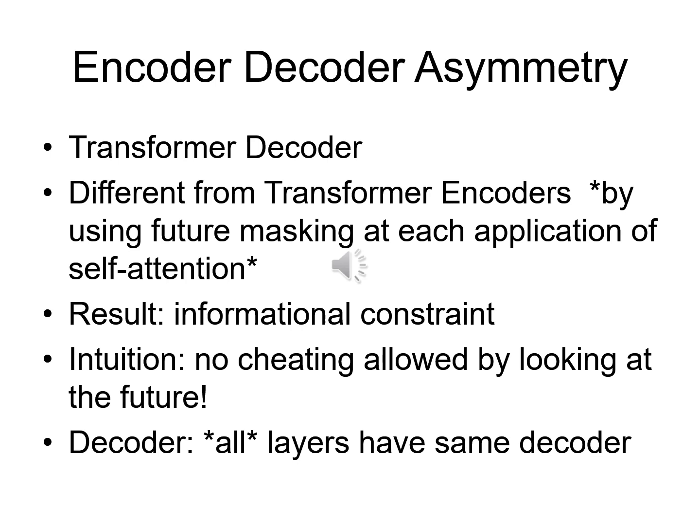That means there is an information constraint put in at the decoder level. In other words, roughly speaking, at the encoder part each layer has a different encoder, whereas at the decoder part, you apply in all the layers exactly the same decoder. And the intuition behind that would be, you do not allow any cheating by looking at the future, because the future is what the prediction is for the translated part, if you like.